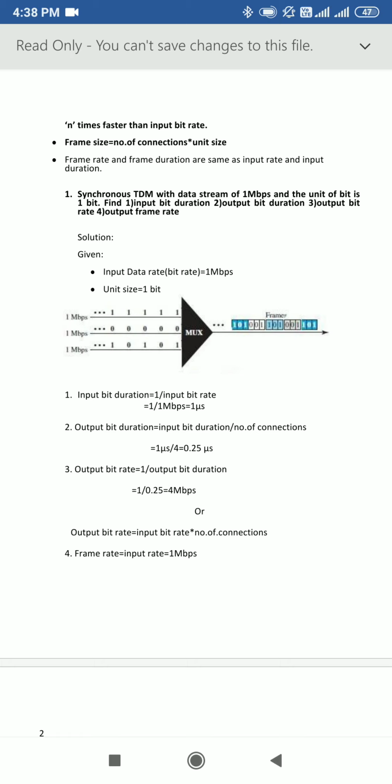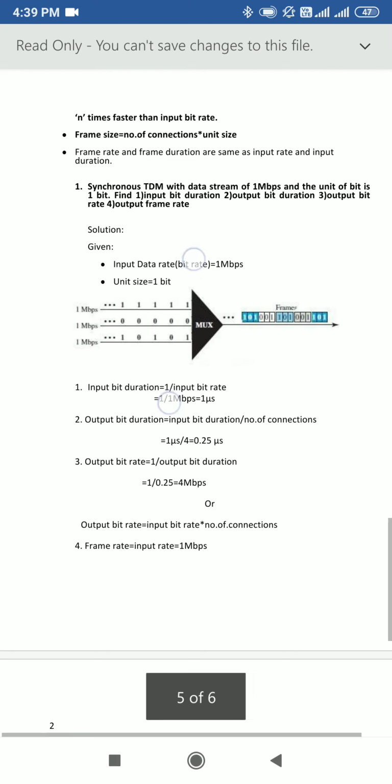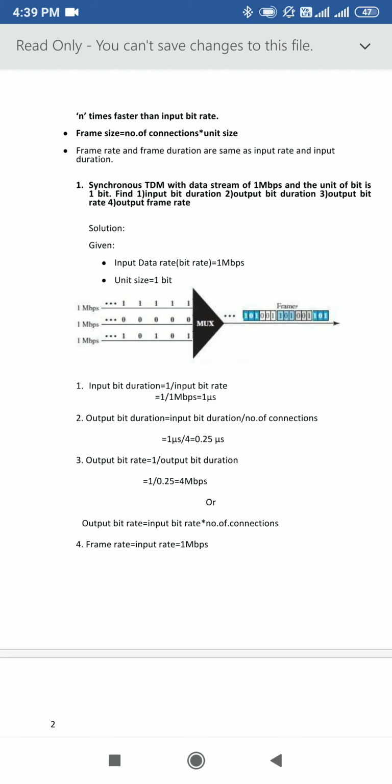You need to find what is given. They give the input data rate as 1 megabit per second, and that 1 megabit per second is divided into data units of size 1 bit. This is just a diagram, and don't worry about these binary values like 1100; they are just an assumption. You can consider any values.